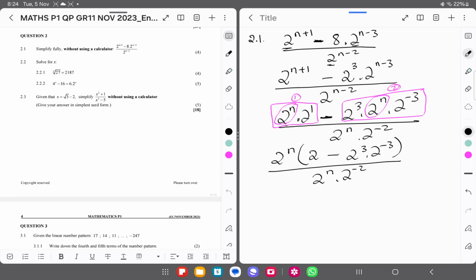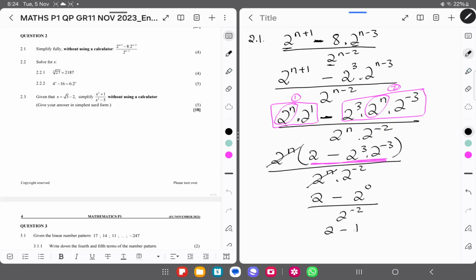Good. Now, they said without using the calculator. If they didn't specify that, I was going to punch all of this in my calculator. Are we clear? But they said without using it, so we need to try to solve without using the calculator. This will cancel this. Now I'm having 2 minus 2 to exponent 0, because it's going to be 3 minus 3, which is 0, over 2 to minus 2.